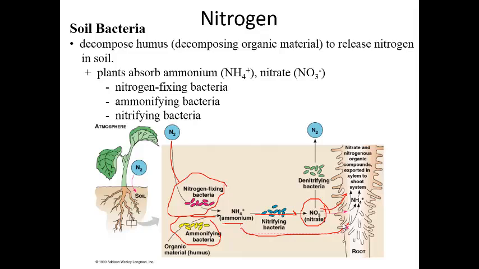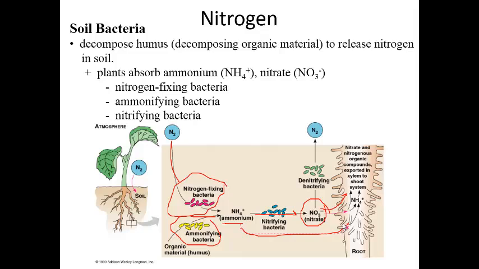So you see that plants really rely on the different types of bacteria that are present within the soil to take the nitrogen in organisms and atmospheric nitrogen and convert them into ammonium and nitrates, the two forms of nitrogen that plants are able to take in through their roots.